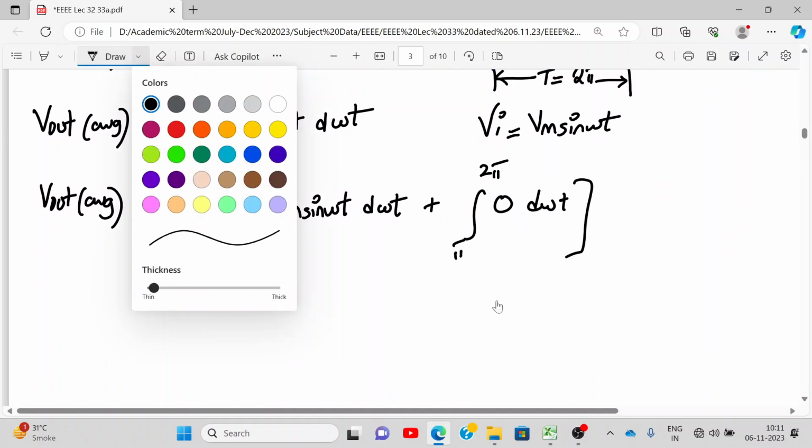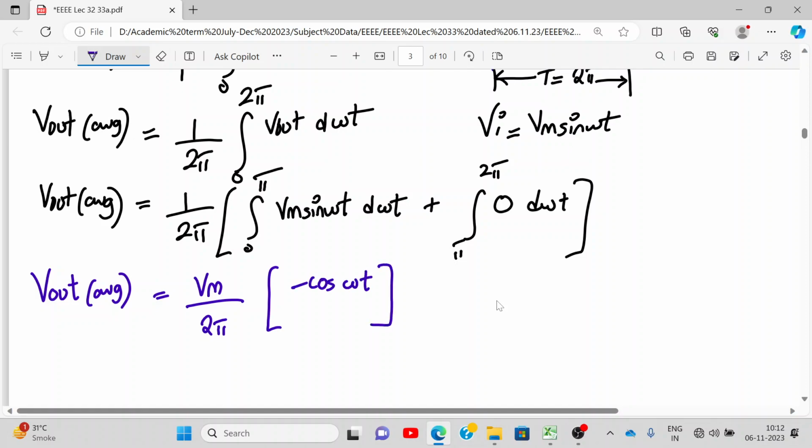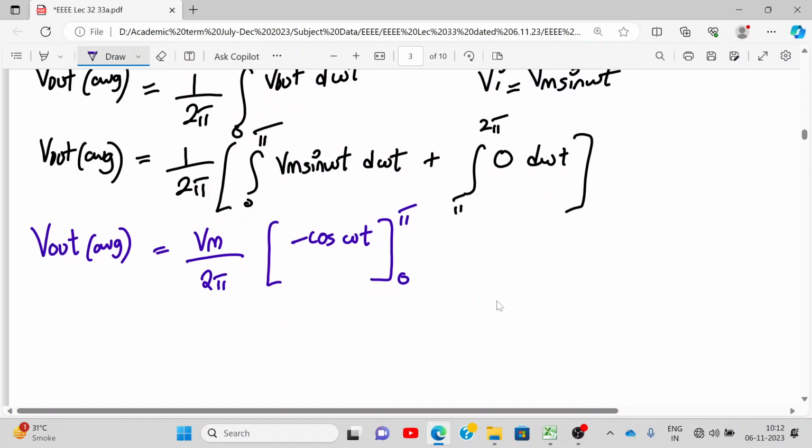So let's find the next value. What is the integral of sine omega t? Minus cos. Yes. So you can take Vm upon 2 pi common. The integral of sine will be minus cos omega t, where omega t is going from 0 to pi. Here you can take it as minus Vm upon 2 pi.